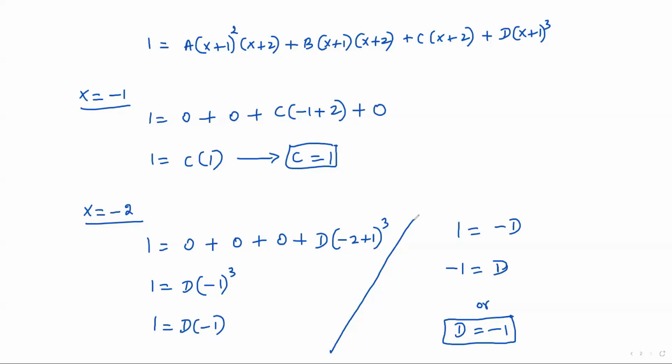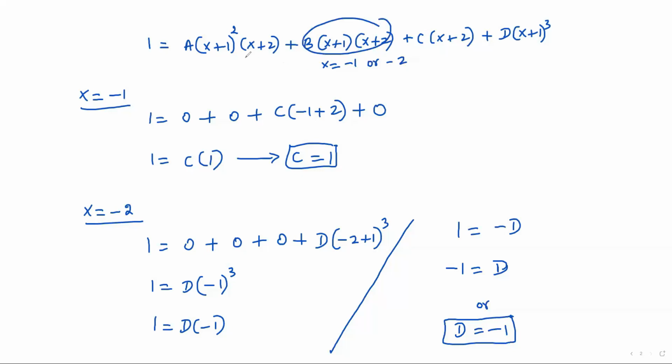Okay, still I have to get the values of the two unknown constants A and B. For example, if I want to get the value of A, I have to assign some value for x so that B, C, and D, all these three unknown constants, must vanish. If I assign x equal to -1 or x equal to -2, B will vanish.